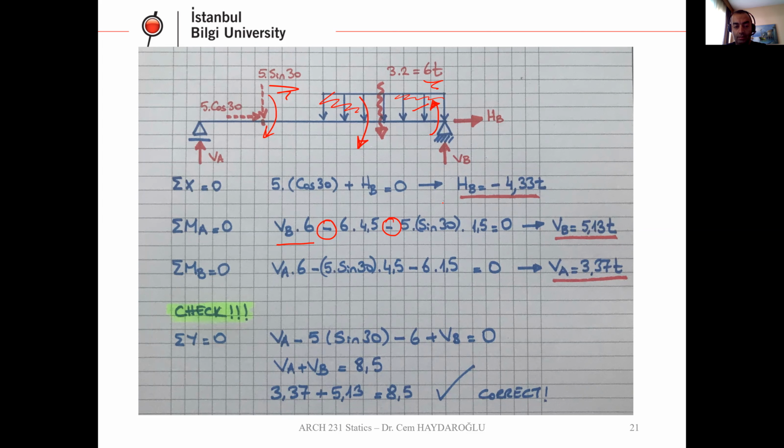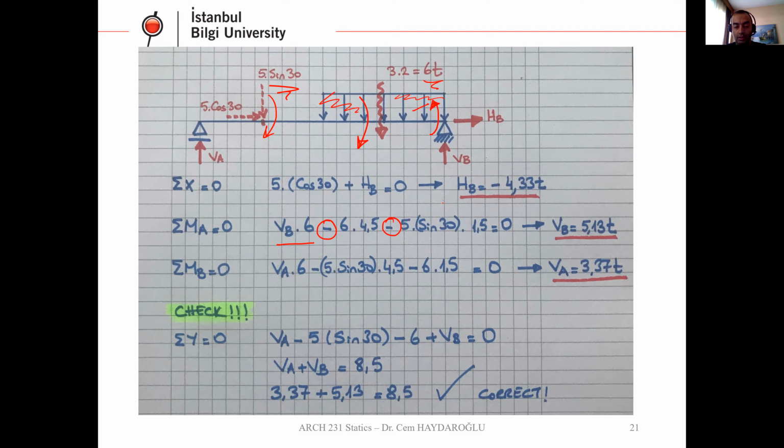To check it, let's do the total Y. Total Y, take a look at all the vertical forces on the system. Vertical A goes up, minus 5 sine 30 goes down, and also the 6 tons, the concentrated load coming from the uniform distributed load goes down, which is minus, plus vertical B equals 0.